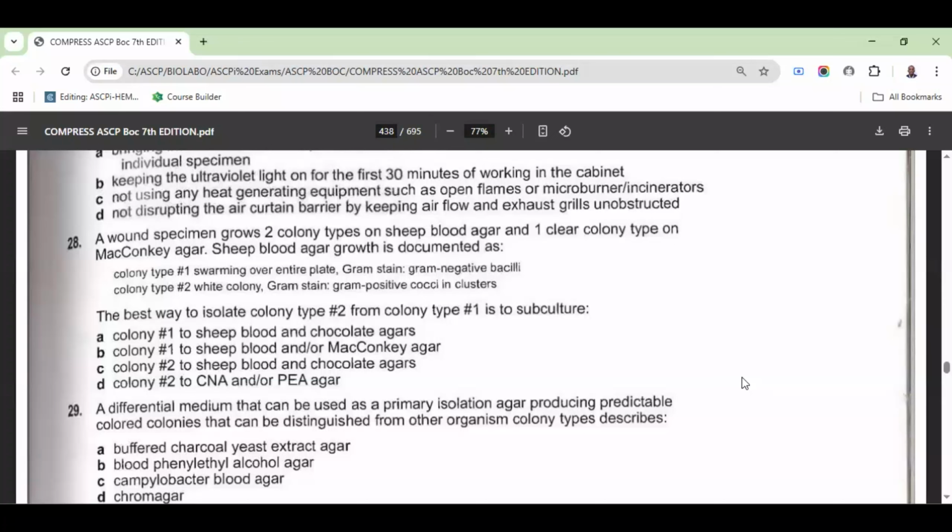First of all, these are there to inhibit gram-negative bacilli, bacteria in general. So we can use the CNA and PEA to just take 1 colony 2 and subculture it onto this medium.